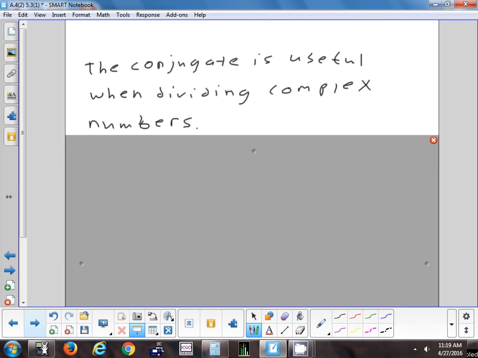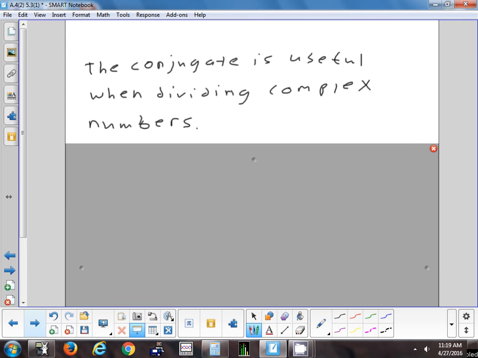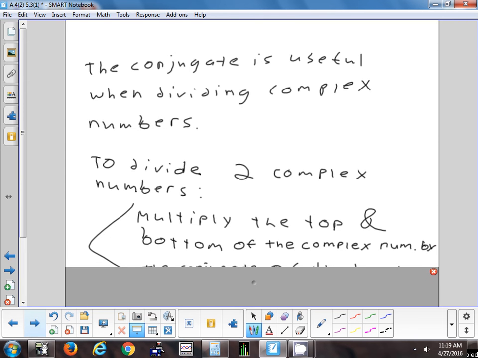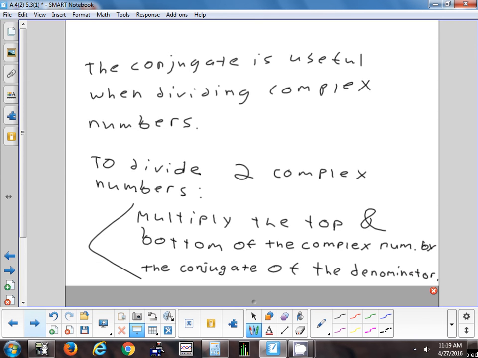All right. So where the conjugate is going to be used is when we do division. Anytime you want to divide two complex numbers, this is how you do it. We really don't do division. We change it to a multiplication problem.